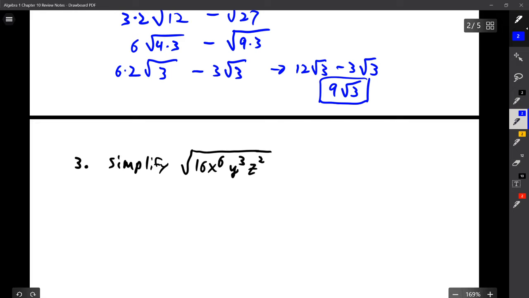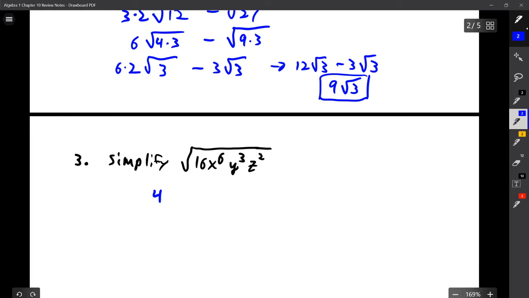Okay, well, I know the square root of 16 is 4. And then there are two ways that you could look at simplifying these. You could say if it's a square root, you cut the exponent in half. You divide the exponent by 2. Or you could view it as this is the same thing.